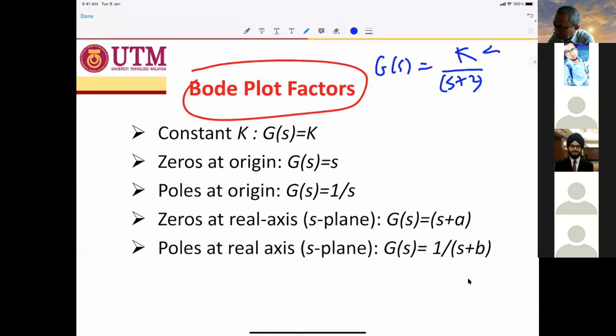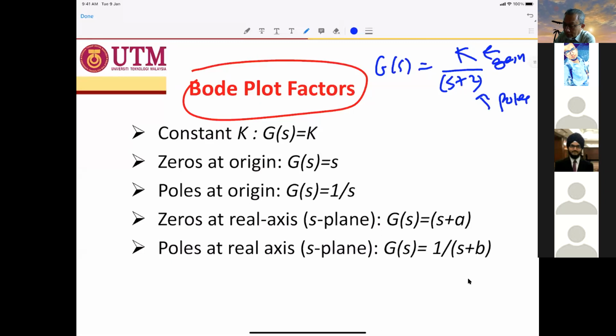So this one is a gain, and this one is a pole. Sometimes they have a zero factor, sometimes a gain factor, sometimes a pole factor. Sometimes they have an integrator, 1 over s, or a derivative, s. And sometimes they have second-order complex conjugate poles, or complex conjugate zeros. So a lot of factors.